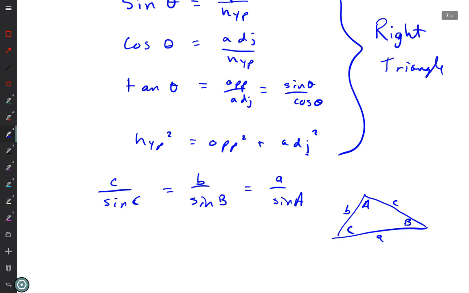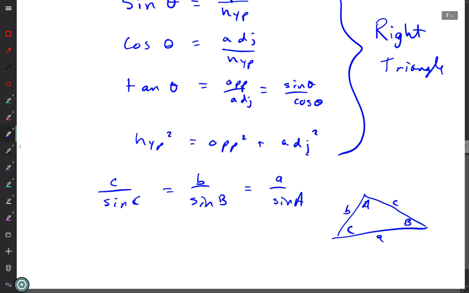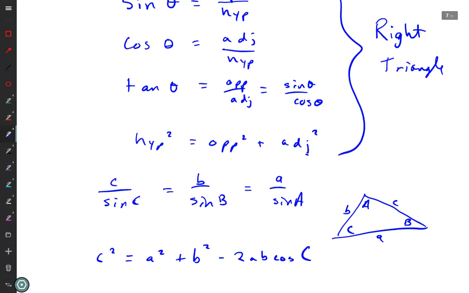And the law of cosines, so far it looks just like the Pythagorean theorem. C squared equals A squared plus B squared minus 2AB cosine of the angle C. That works for any triangle, not just for right triangles.